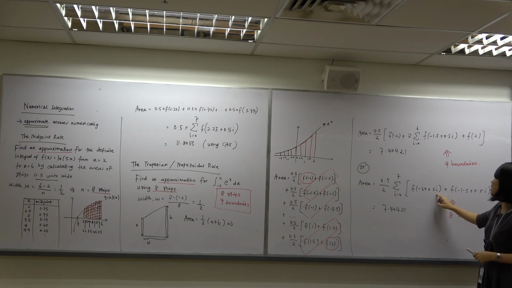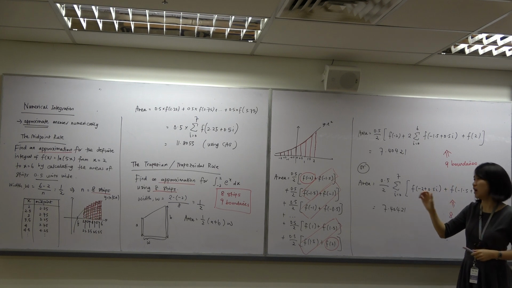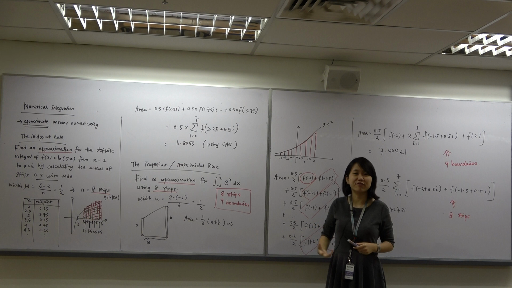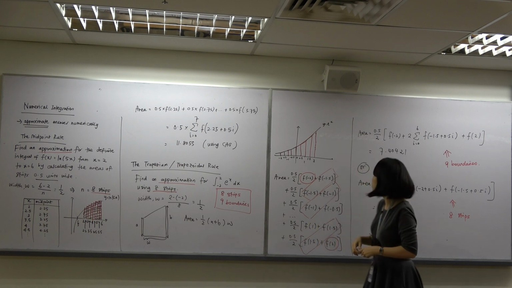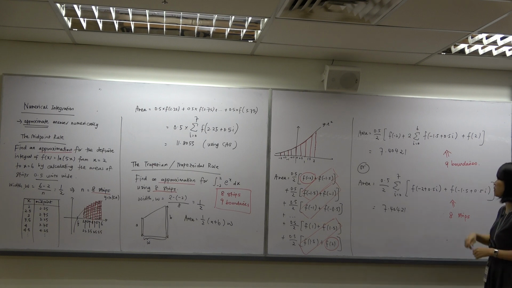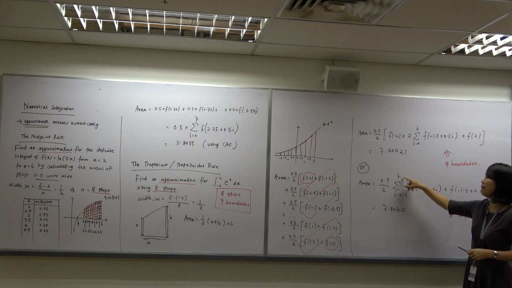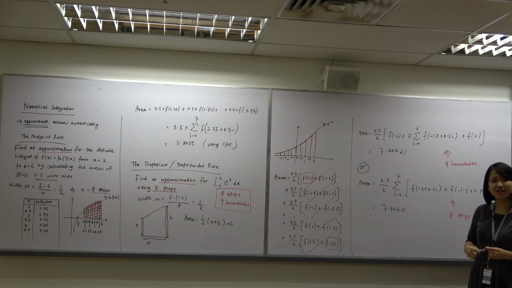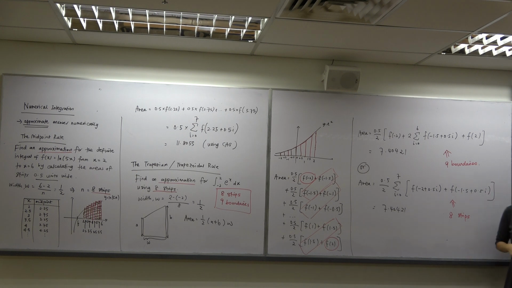It's because every boundary that you see will be 0.5 units apart. Okay, so how many strips am I working with? I'm working with 8 strips, and hence i equals 0 up until 7. Okay, and accordingly you plug into your CAS calculator, and that is when you will get the answer 7.40421.